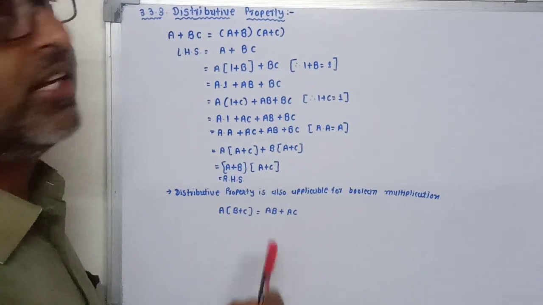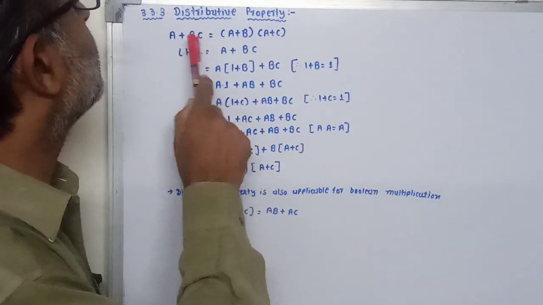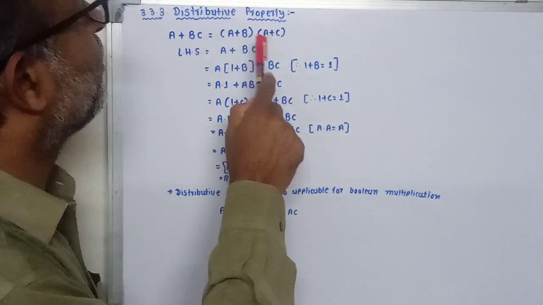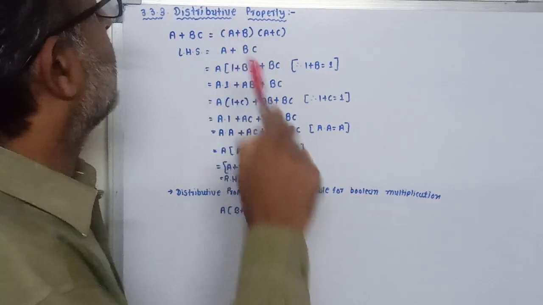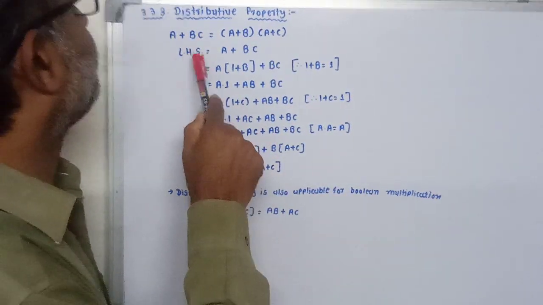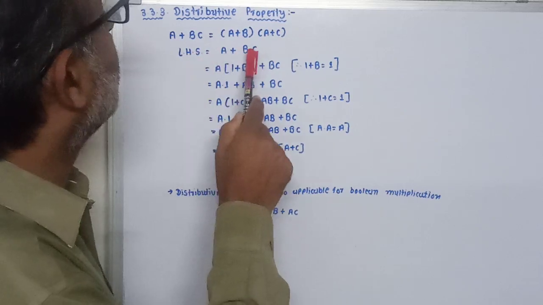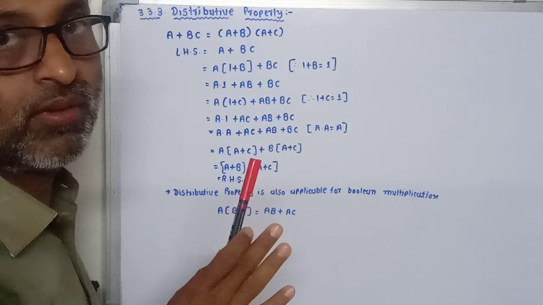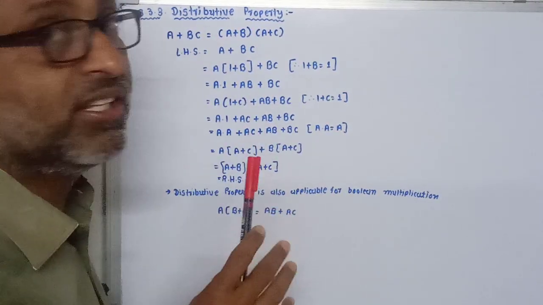Third, the distributive property. According to this property, we can write a plus bc is equal to (a plus b), one group, into another group (a plus c). Let me see how it will happen. So here a plus bc. So a into 1 we can write, because this a is multiplied with 1.